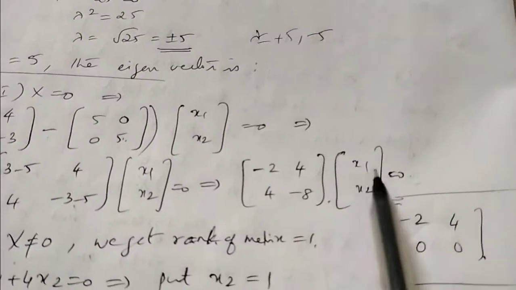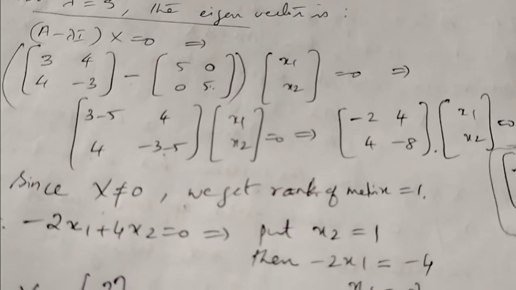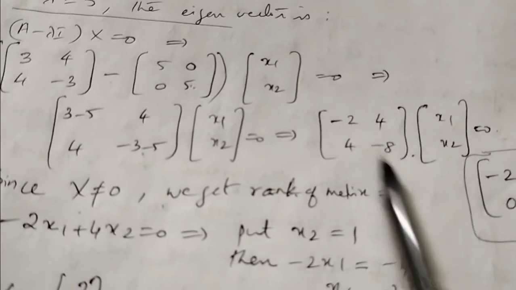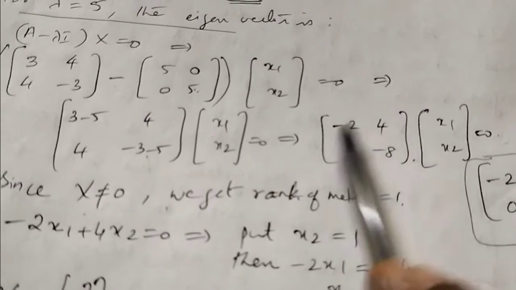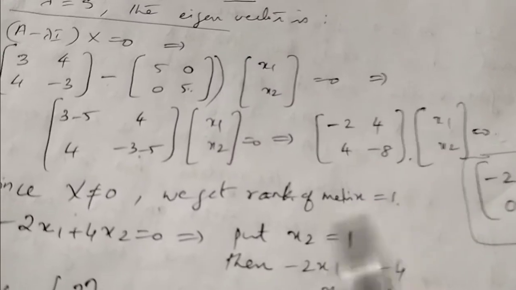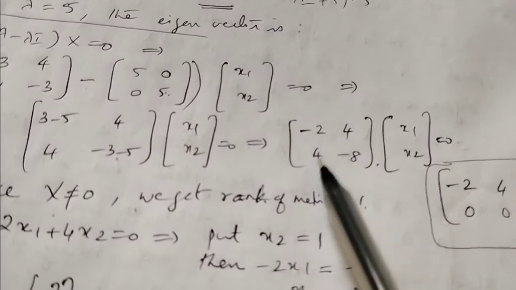It is a rule that an eigenvector is not equal to 0. So we get the rank as 1; the rank of the matrix should be 1. That means these two rows are multiples. Applying the transformations we get [−2, 4; 0, 0].